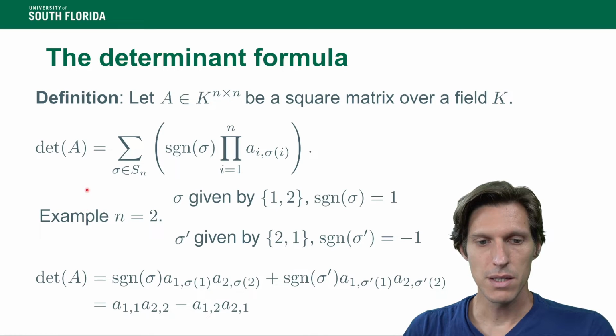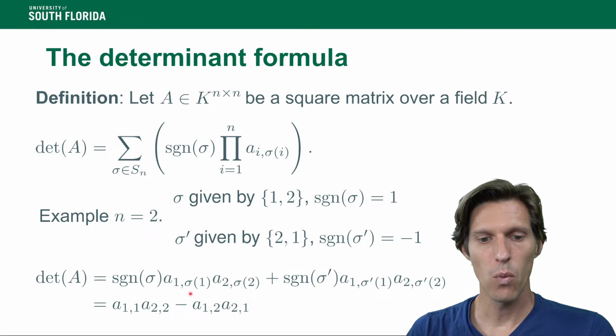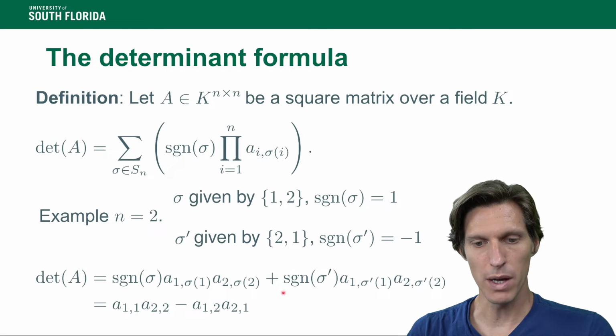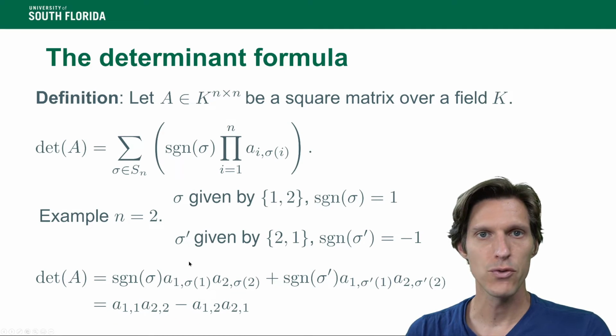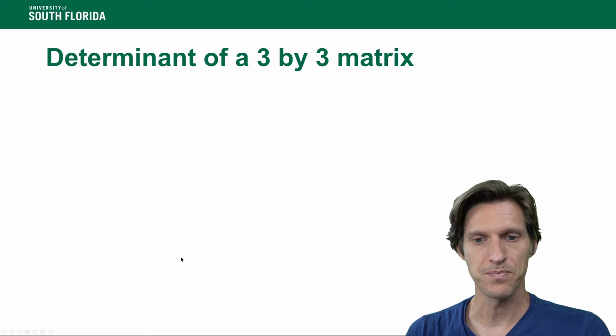So in the end, if I specify this formula for n equals 2, then what do I get? Two terms, a 1,1 a 2,2 times 1 plus a 1,2 times a 2,1 times minus 1. And that is exactly the formula for determinant of 2 by 2 matrices as we know it.